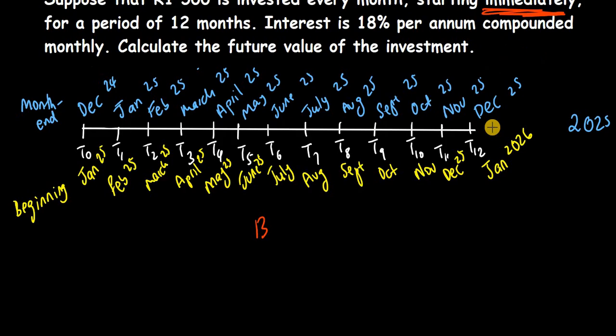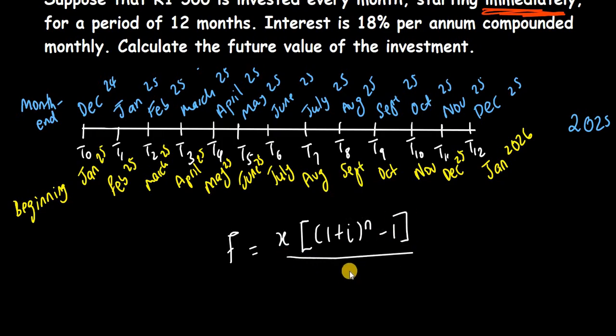So how do we use the future value formula? We say F is equal to X. Guys, please write this formula down, because some of you did not write the correct formula there. Here it is. X is the amount that is being paid every month, which is 1,500.